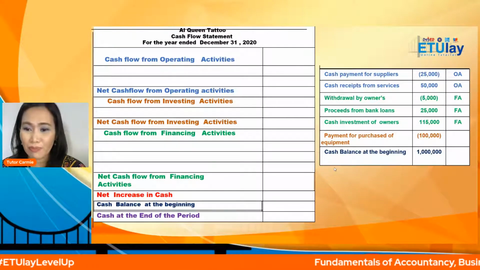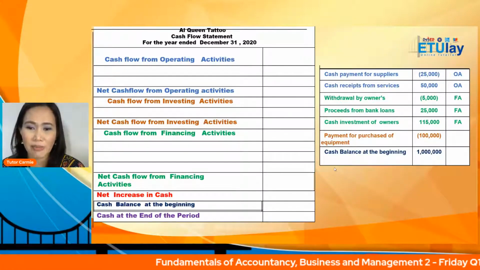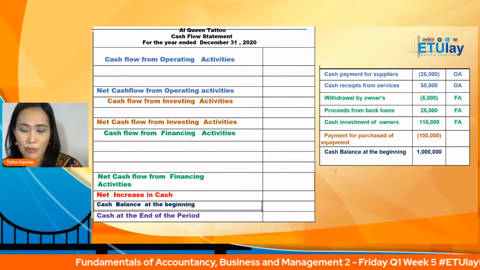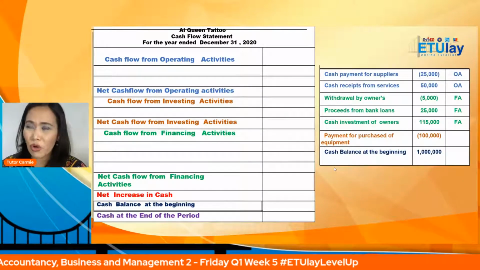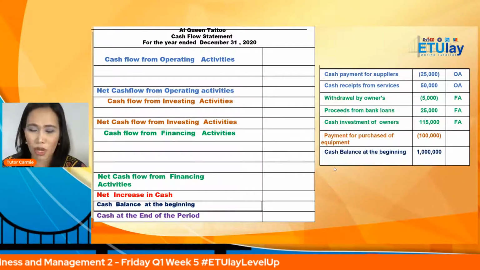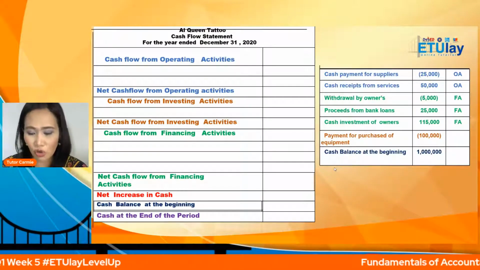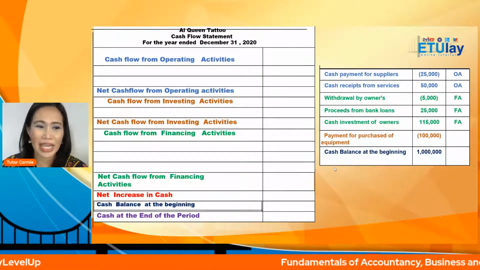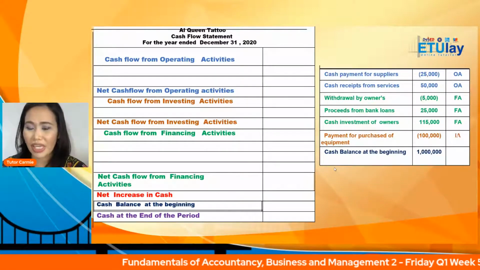Now, let's have payment of purchase of equipment. Ayun, bumili siya ng equipment, nag-purchase siya ng equipment. So, ibig sabihin, anong activity po ito sa cash flow kapag tayo ay bumibili ng equipment? Very good. Ang galing, ang husay. Investing activities. Okay.